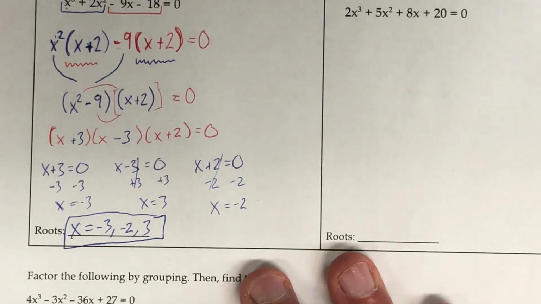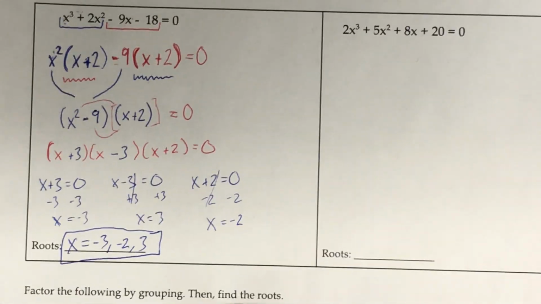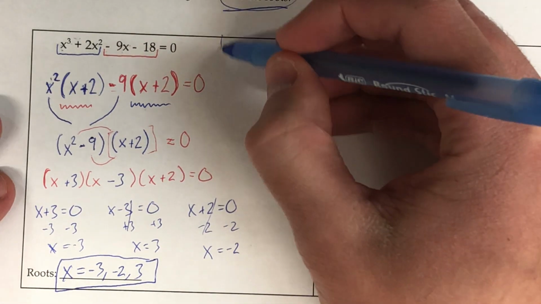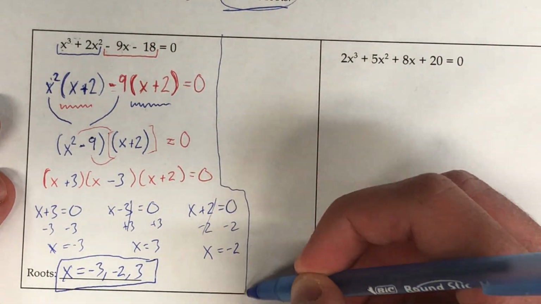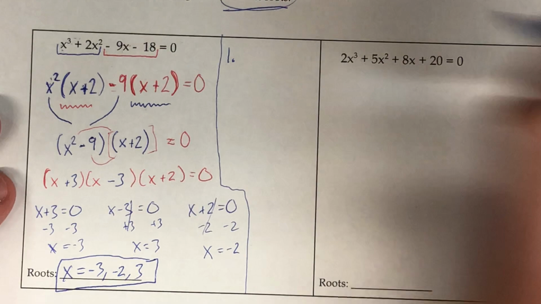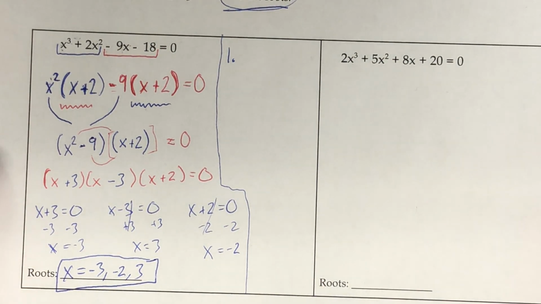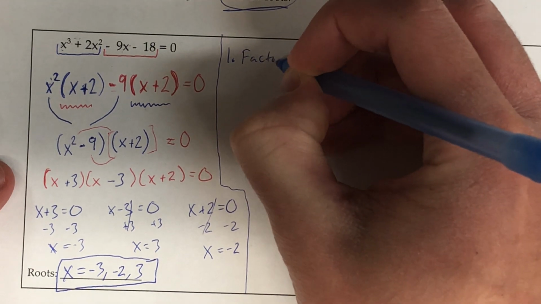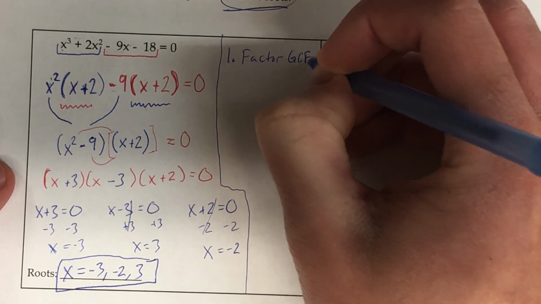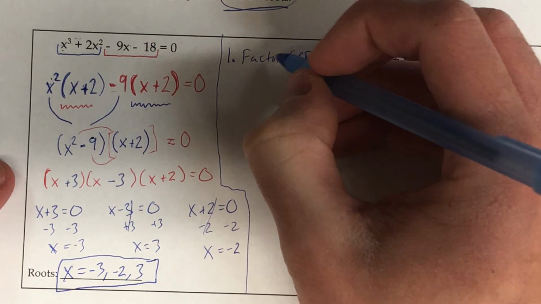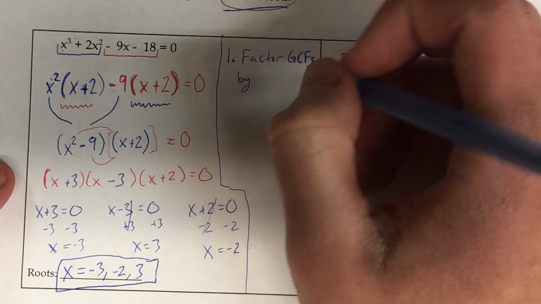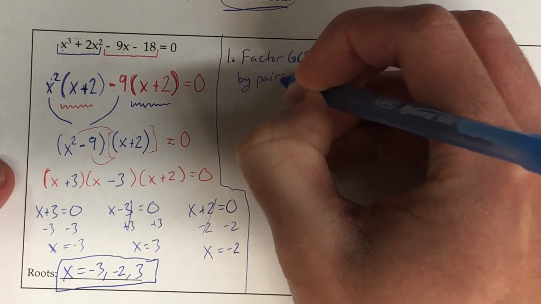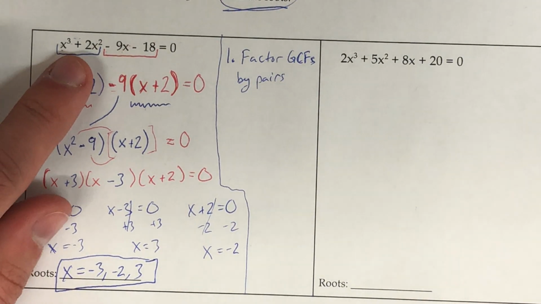So let's run through the steps that we took to do this. Step 1 was to factor GCFs by pairs. So we take our first pair of terms, factor the GCF.